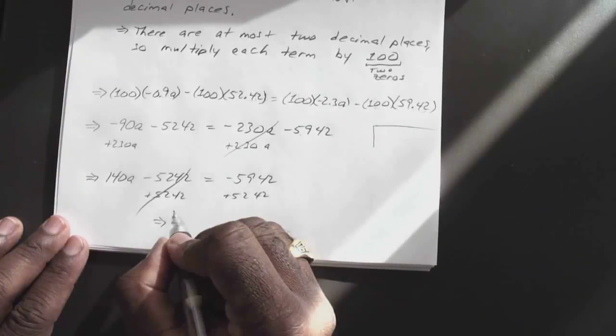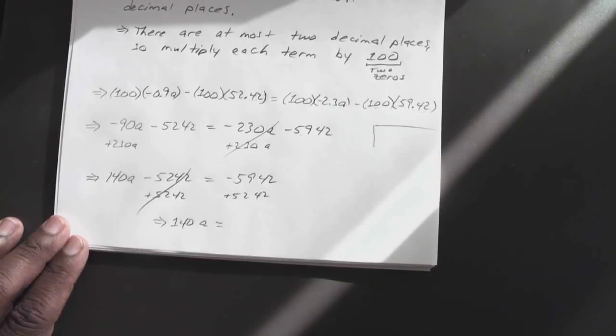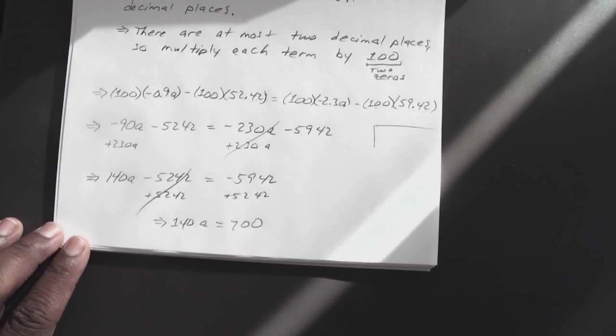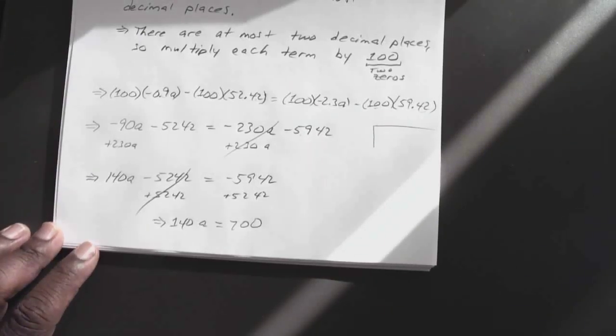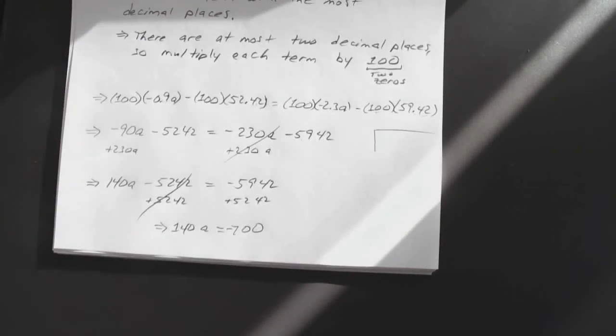Okay, so you have 140A equals 700, it looks like. It'd be negative 700. I was testing you. Yep, negative 700.